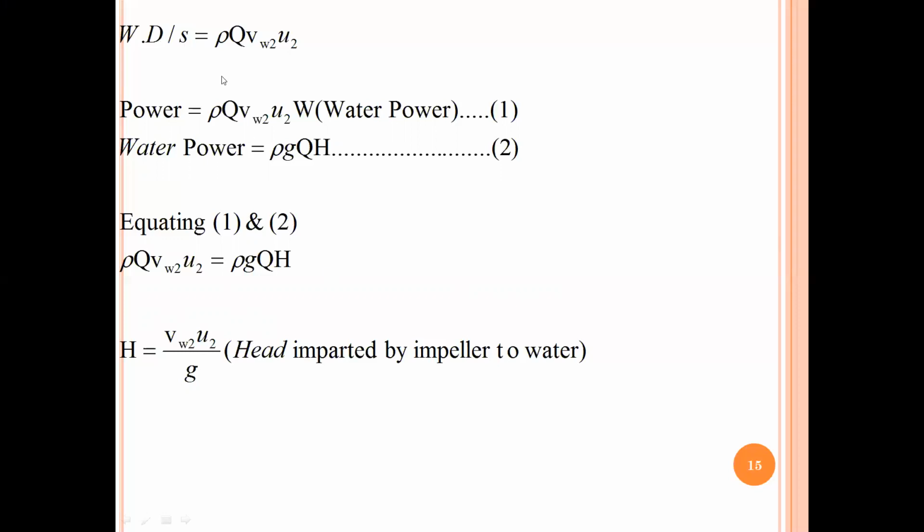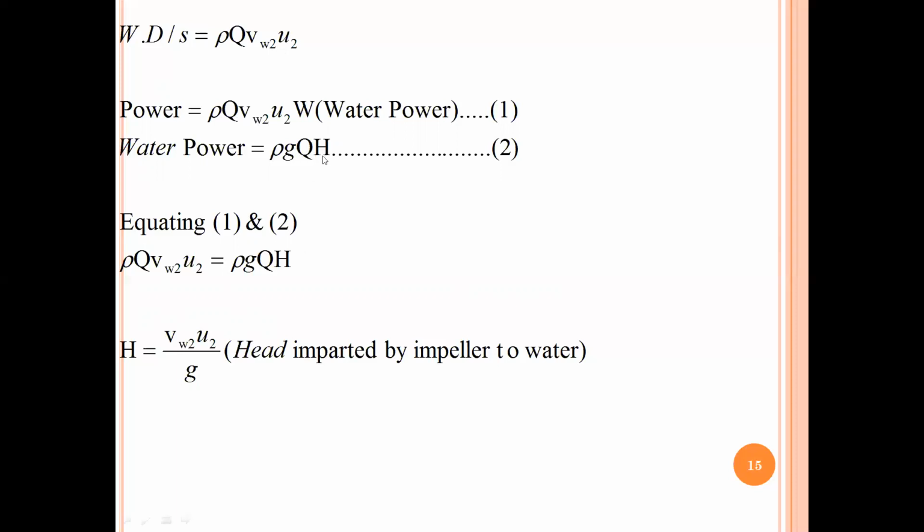Your work done per second, we got as rho Q VW2 U2. Now when I have to calculate the power in kilowatt, what do I do? Rho Q VW2 U2 divided by 1000. I'm retaining this power in watt itself. So I'll have rho Q VW2 U2. This is the power due to water. For water power, the standard formula is rho GQH.